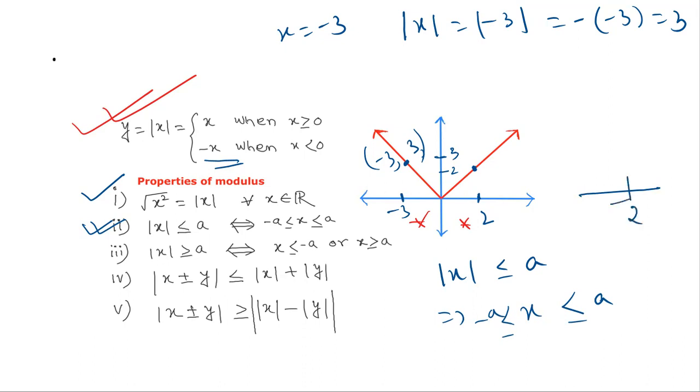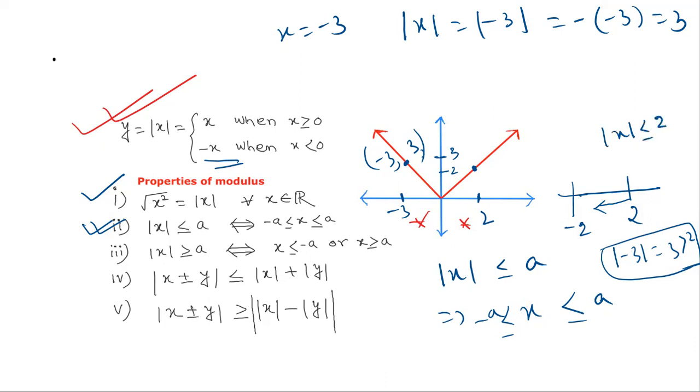That means you can take values less than 2, that is fine. But what if you take less than -2? If you take -3, mod of -3 will become 3, which is greater than 2. But the inequality says mod x less than 2.